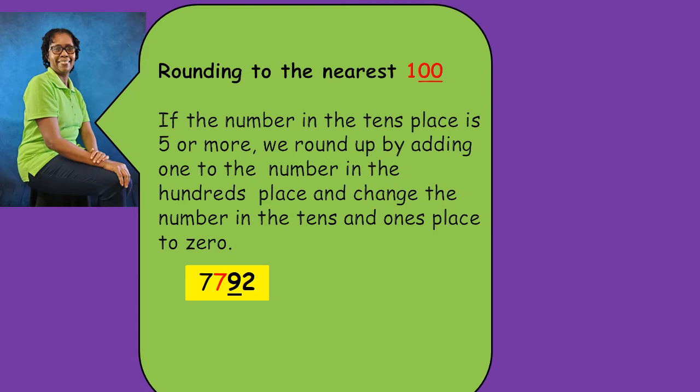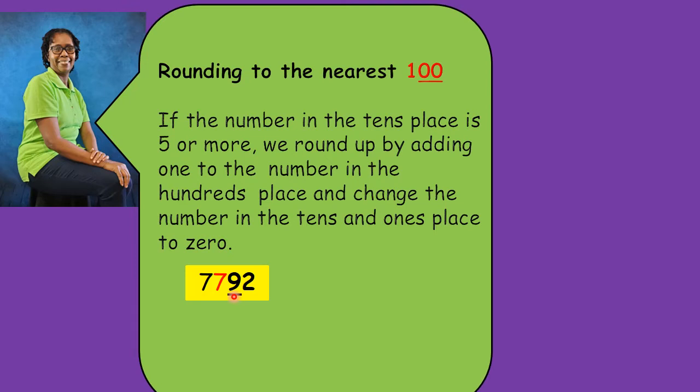Okay. So we are still rounding off to the nearest 100, so we are going to find our place. Let's find our place. Ones, tens, 100. So we have found our place. Because we are going to look to our right after we have found our place, if the number to the right is 5 or more, we round up. And this is how we round up.